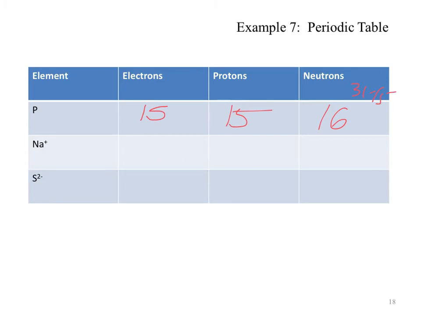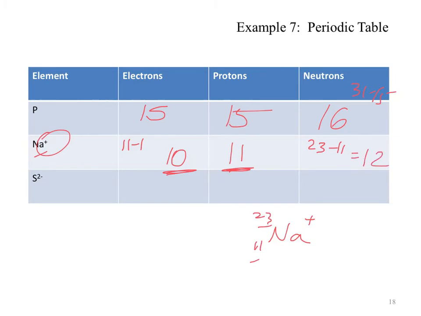Na plus, Na has a Z of 11. Since there is one positive charge, 11 minus 1 is going to give me only 10 electrons. So since there's only 10 electrons for the 11 protons at the center, you have that one positive charge. It's a 23 Na. This is how it looks. So 23 minus 11 will give you 12 neutrons.